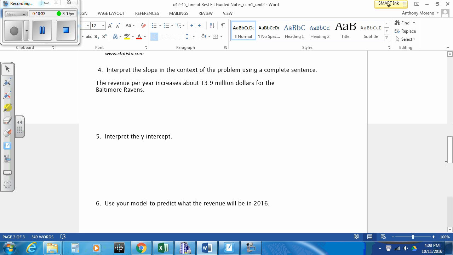They started at about 129 million in the year 2000. Okay, so you could just write that in the year 2000, the team made revenue of about $129 million.